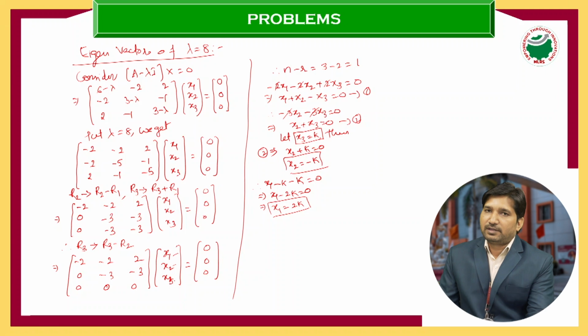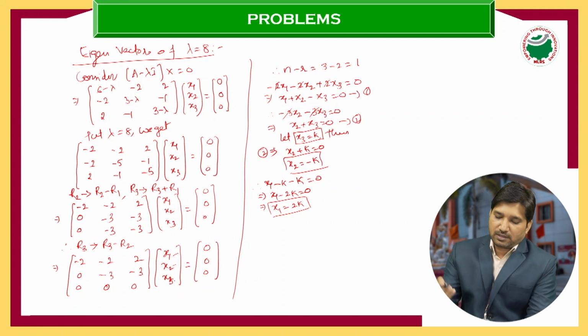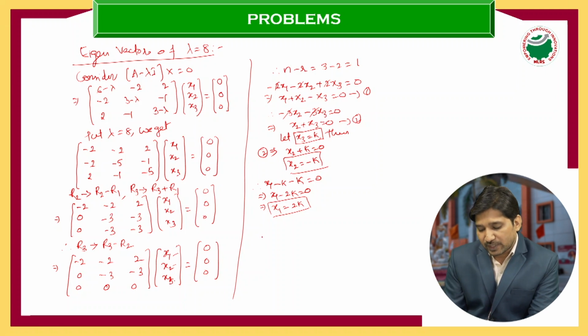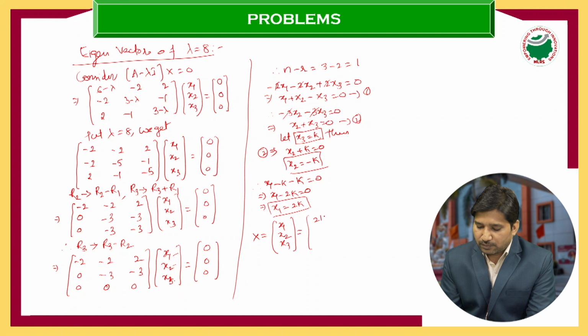Now we have found all the elements x1, x2, x3. Now the eigenvector equals x1, x2, x3, where x1 equal to 2k, x2 equal to minus k, x3 equal to k. Taking k as common, 2, minus 1, 1.